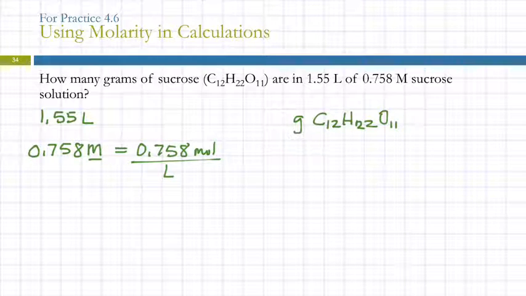So we need to go from liters to something. Well, these units are a clue. We have a relationship between moles and liters. So it's liters to moles. That's moles of solute. Can we go from moles of the solute to grams? Yeah, all we need is the molar mass.